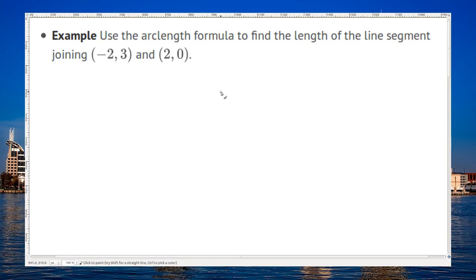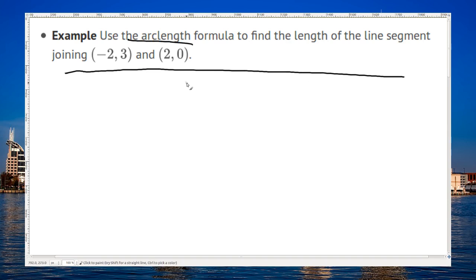So the real way to solve this problem, the same way, if it didn't tell you to use the arc length formula, would be to just find the distance between 2 points, right?